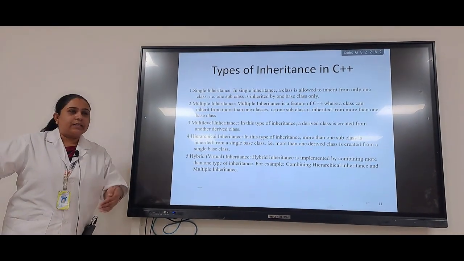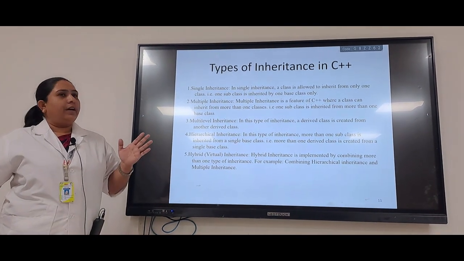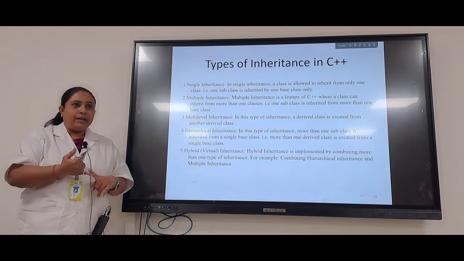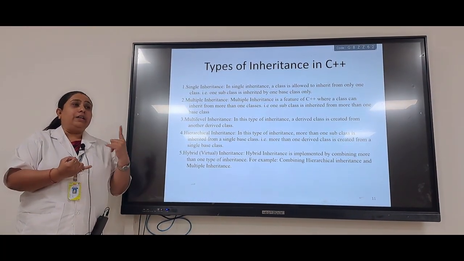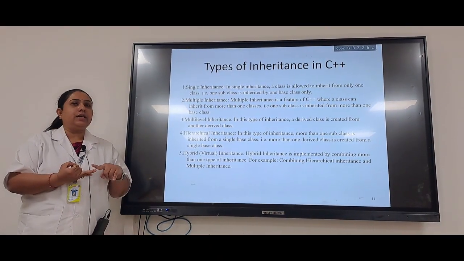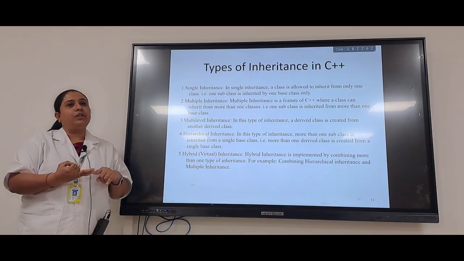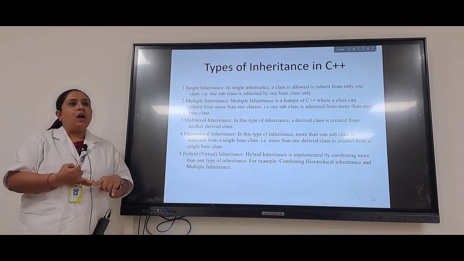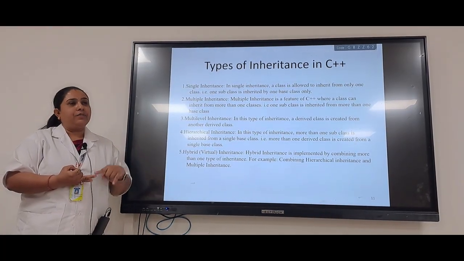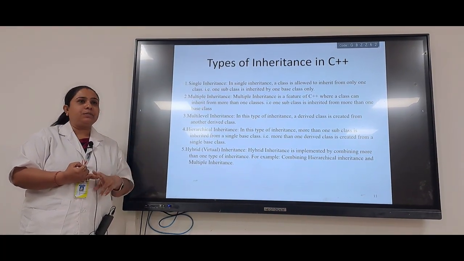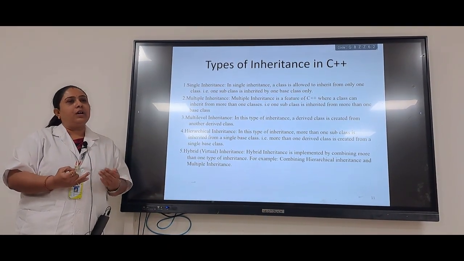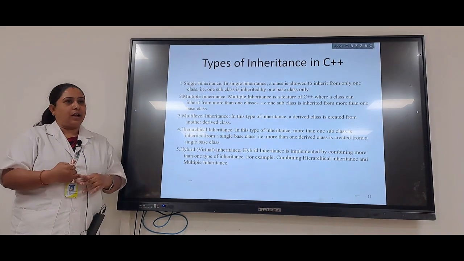Let us move to the next level, the types of inheritance. I think inheritance is very clear now. We initially saw the generalized meaning of the term inheritance, and then how we can relate inheritance in terms of OOPS and C++, and we took some examples in C++ where we implemented inheritance to show how we derive classes from another class.